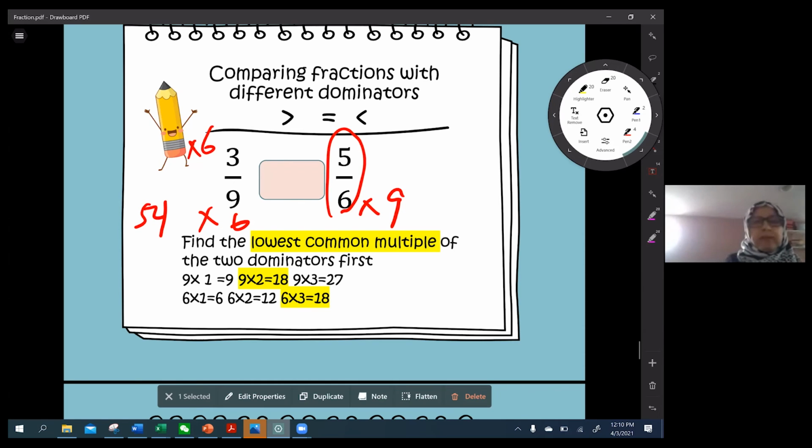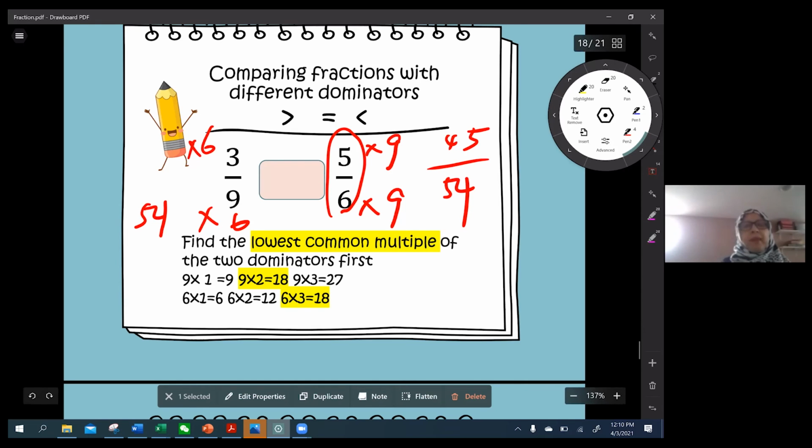And 5 times 9 is 45. So you have 45 over 54, and you will have 18 over 54, right? Then still, this is bigger. Same answer, right?